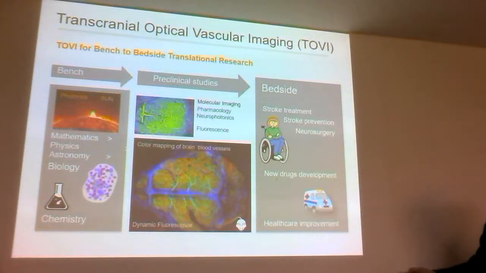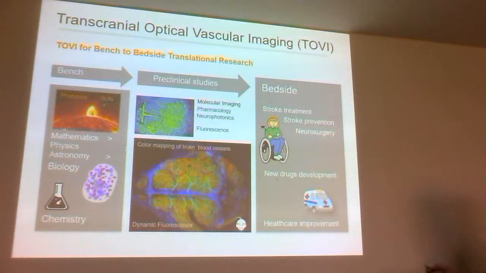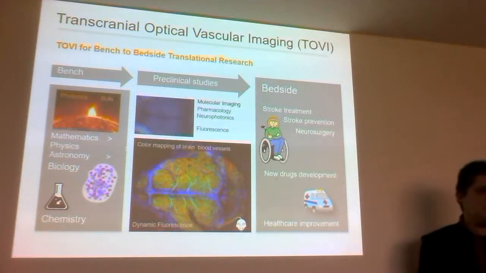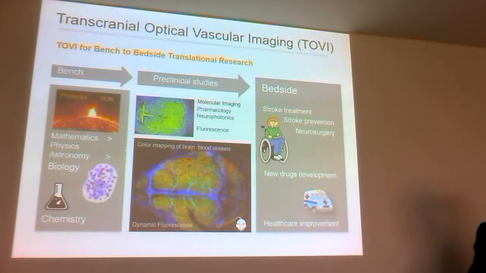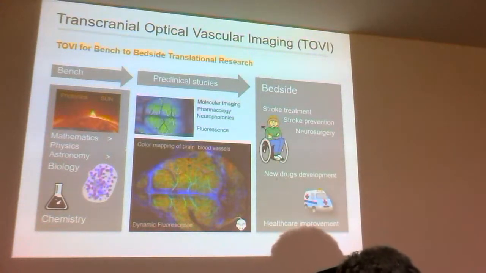In the future we can transfer that to stroke and stroke prevention, neurosurgery, and new drug development. But when we work with small animals, there are a lot of artifacts associated with motion and vibrations, and we worked on how to avoid that.